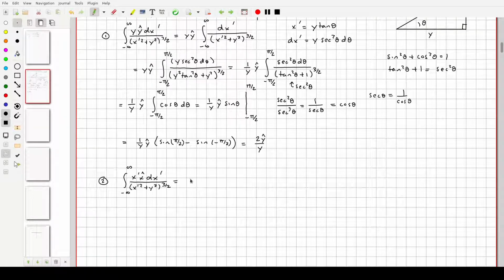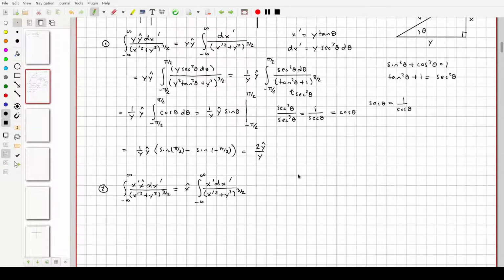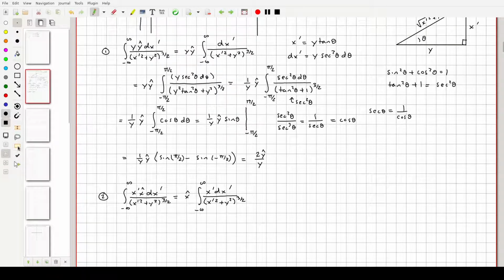Again, the x prime is not a constant, but the x hat is a constant. So what we're integrating is this. I'm going to use exactly the same trig substitution.